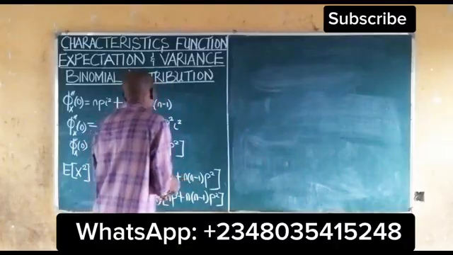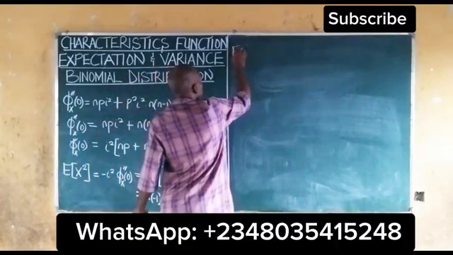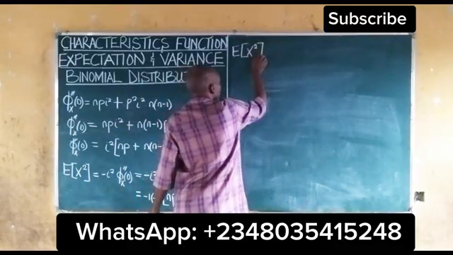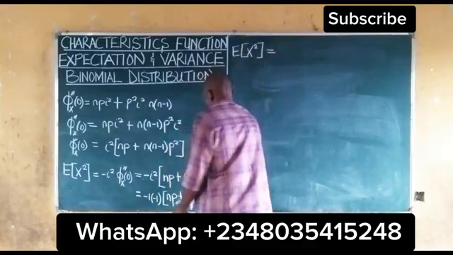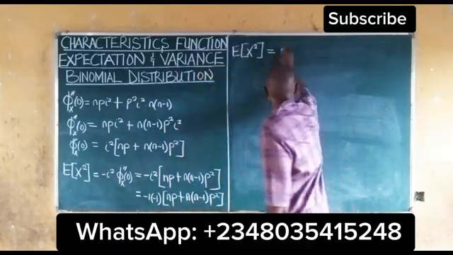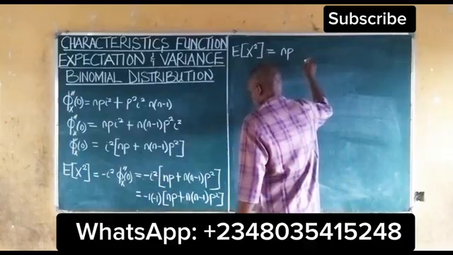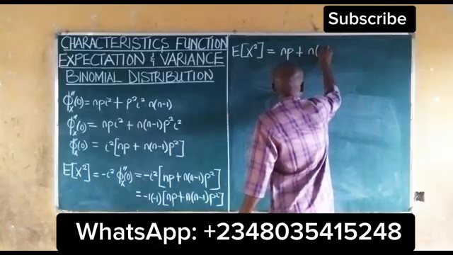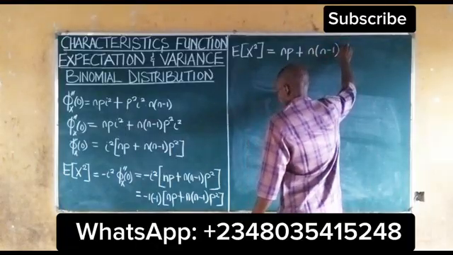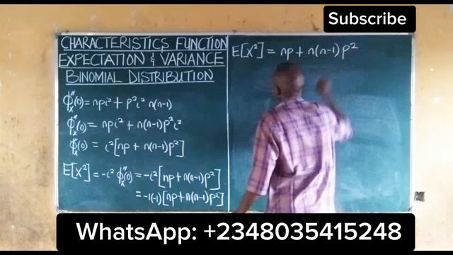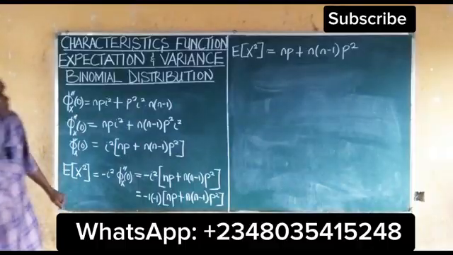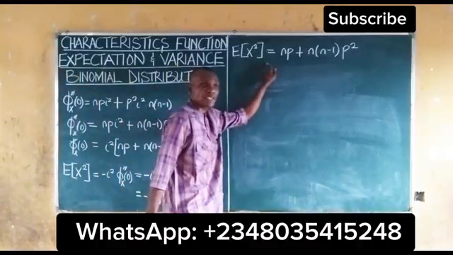So it then means that our expected value of x squared will be equal to the whole of this, which is np plus n into n minus 1 then p squared. So this is what we get as our expected value of x squared.